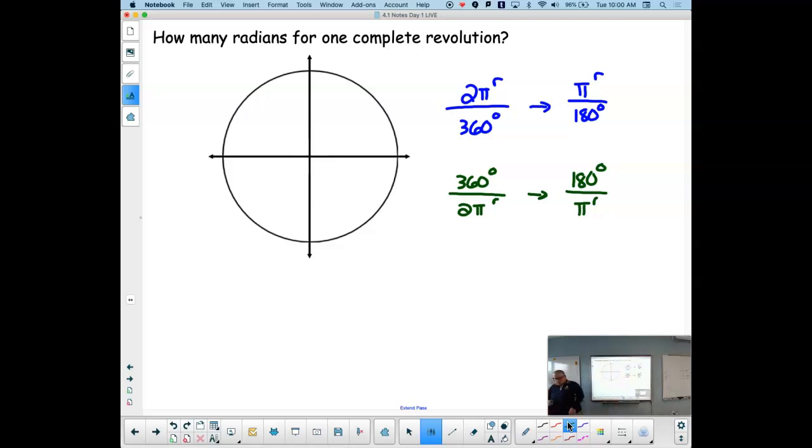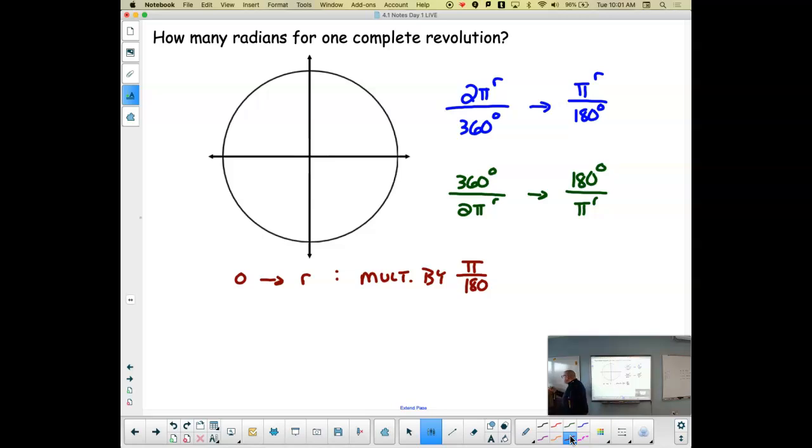Okay? So, if I am converting degrees into radians, what I'm going to do is multiply my degree measure by pi over 180.